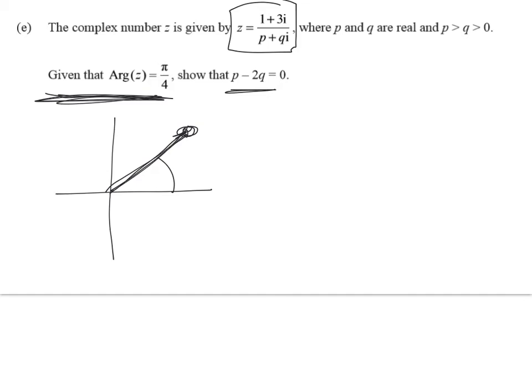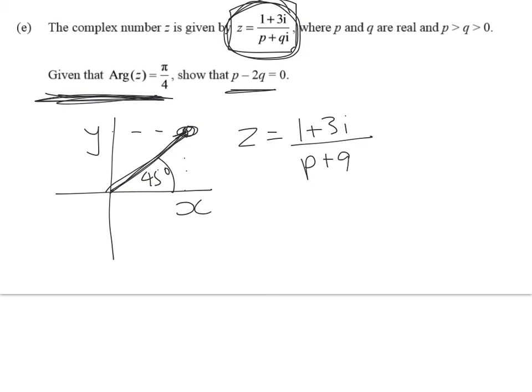But let's think about what it means for the angle to be pi on 4 or 45 degrees. Well, that means that my x value and my y value must be equal. So I think the best way to do this one is just to start by working with this and then equate the real and the imaginary parts. So z is equal to 1 plus 3i over p plus qi. So multiply top and bottom by the conjugate so that we have a real number in the denominator.